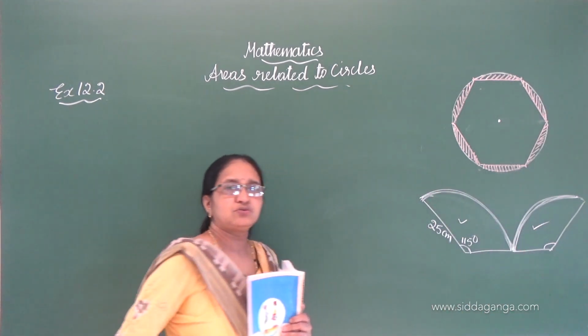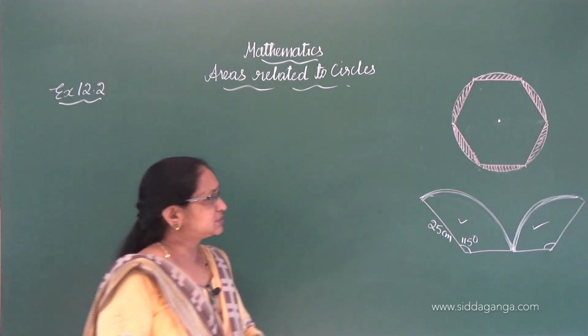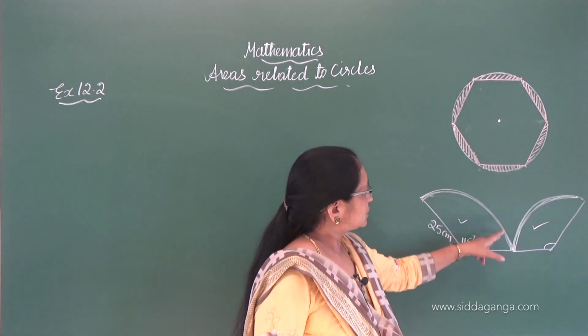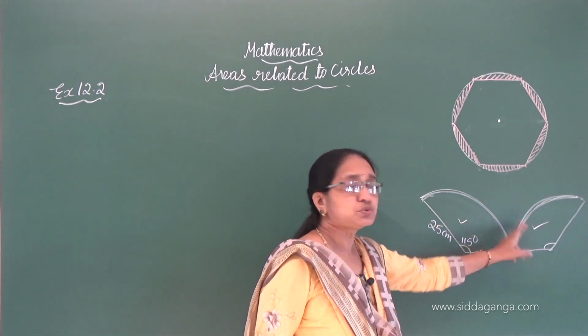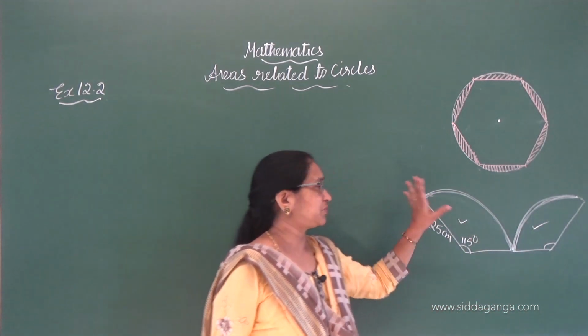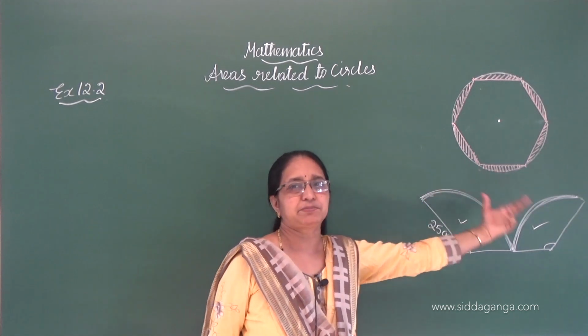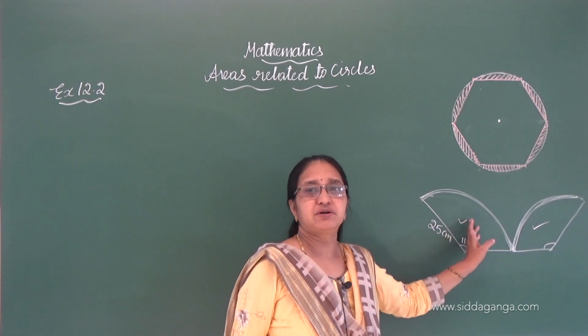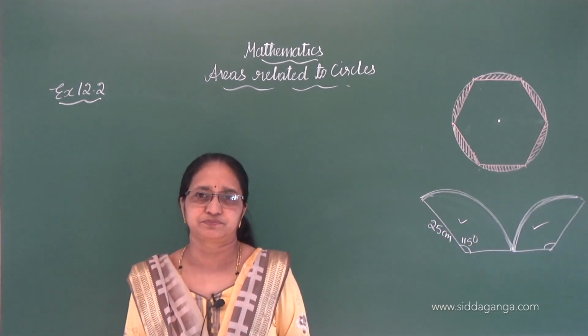So you try to find out the area of the sector. The sector will be formed here. So you have to find out the area of these 2 also. So if you find out the area of 1, you can multiply by 2, and you will get the area covered by 2 blades also.